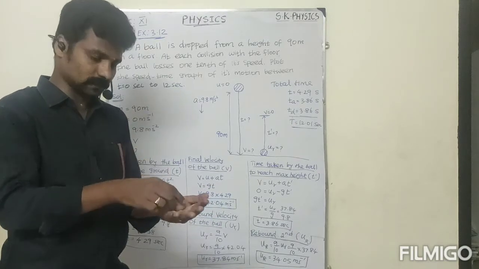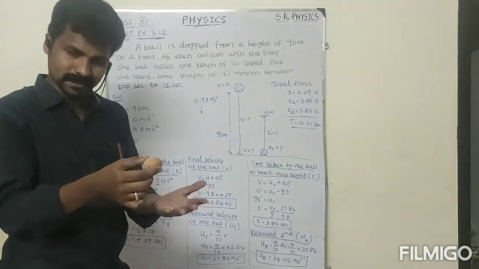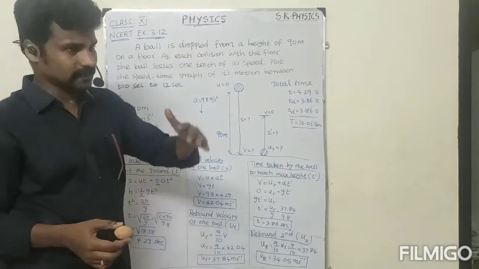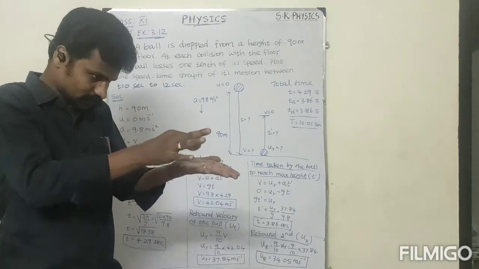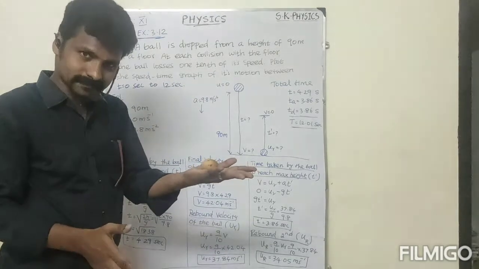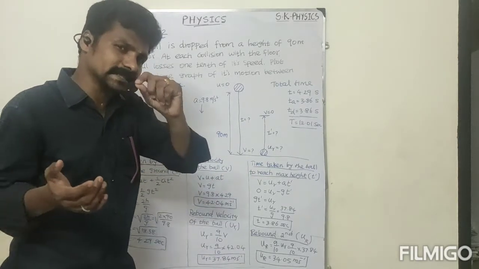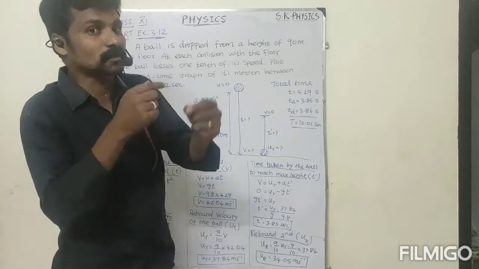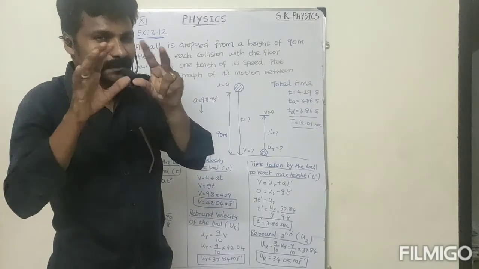Again it will hit the ground, maybe 1/4 height. Like that, the ball will hit the ground again and again, then stop. So how is the velocity reducing for each collision with the ground? Like that kind of question.